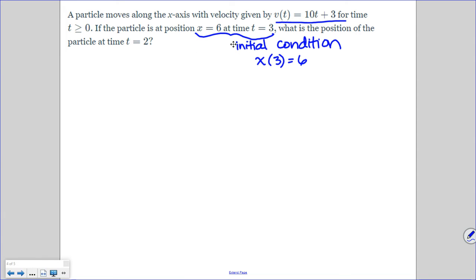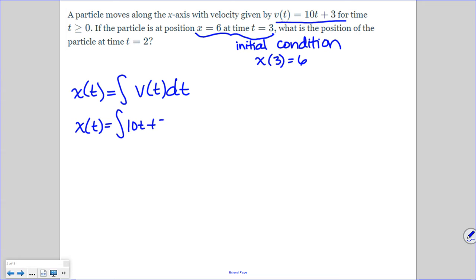Okay. And they want me to find position, so I'm going to say x of t equals the indefinite integral of v of t dt. I have an equation for v of t, so I'll substitute that in. x of t equals the integral of 10t plus 3 dt.